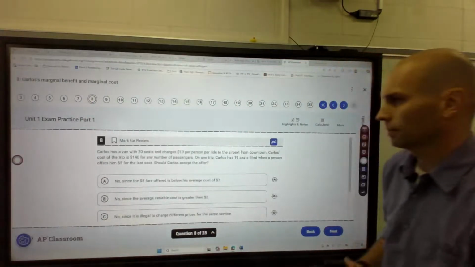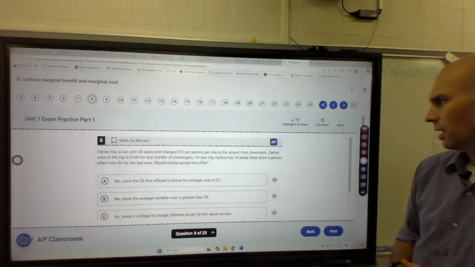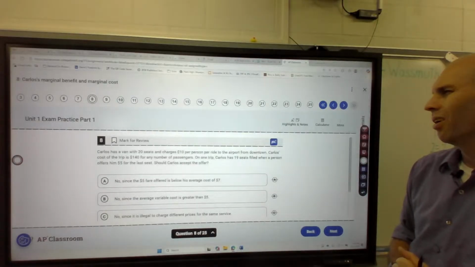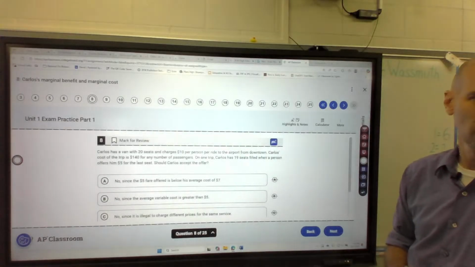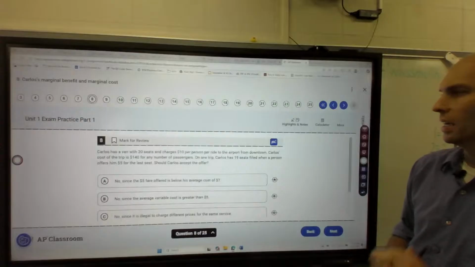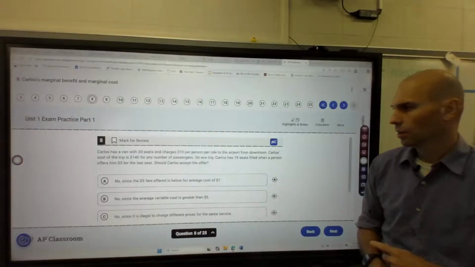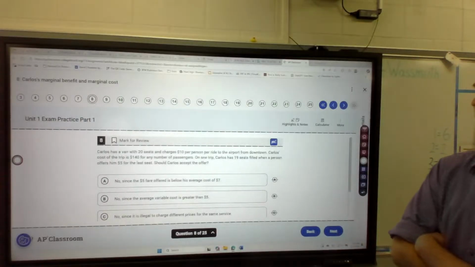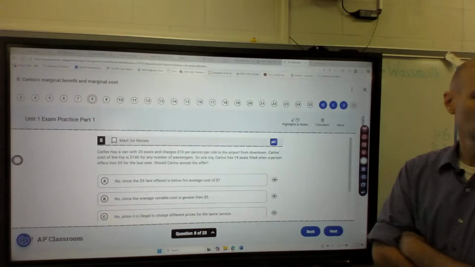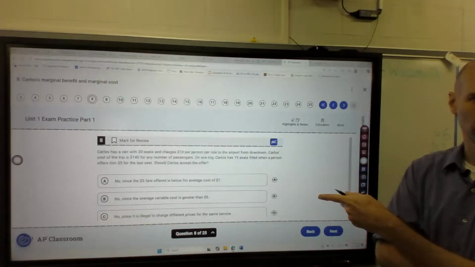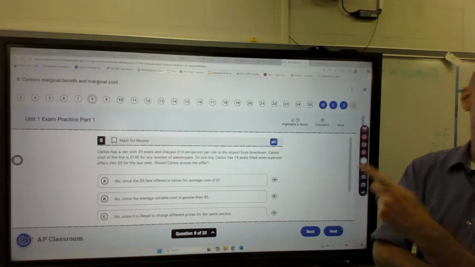Okay, real quick. So 20 seats, $10 per person. Oh, yes, he should accept the offer. So he already filled, so has he covered the cost of the trip? Cost him $140 to do the trip. Yeah. He sold 19 seats for $10 each. He made 190.